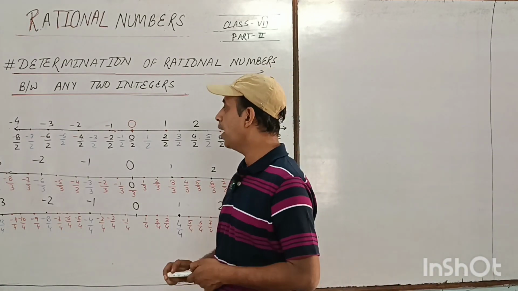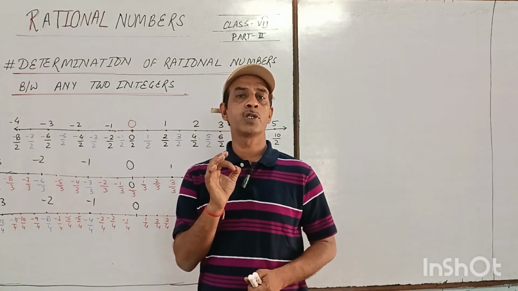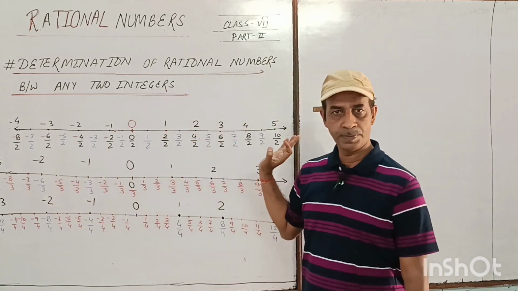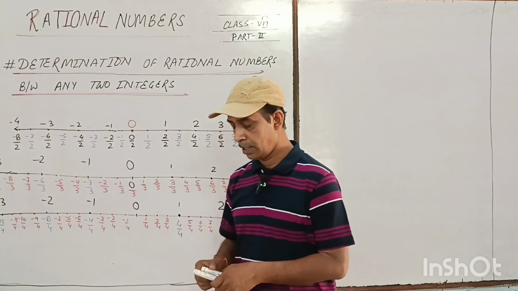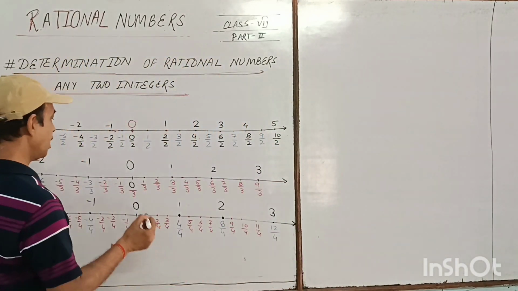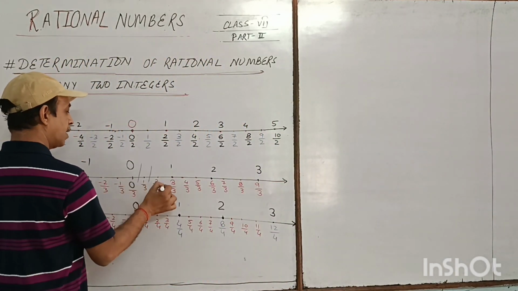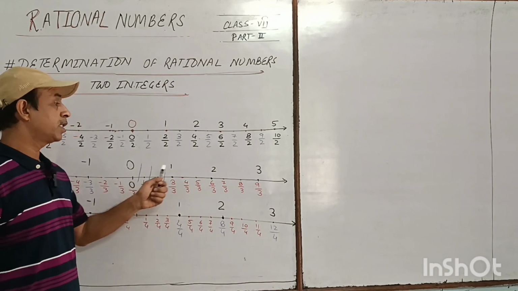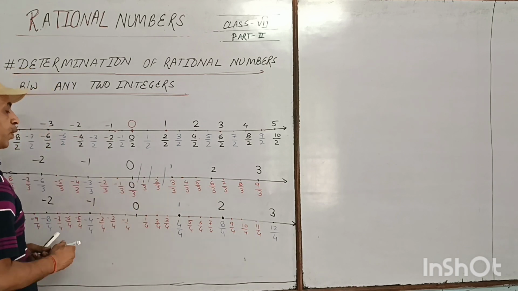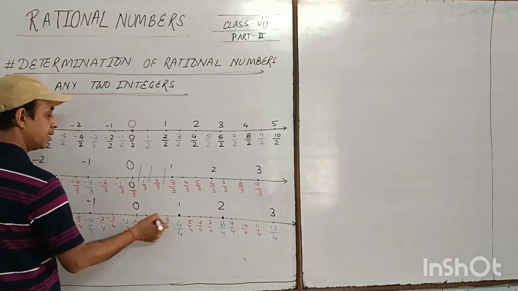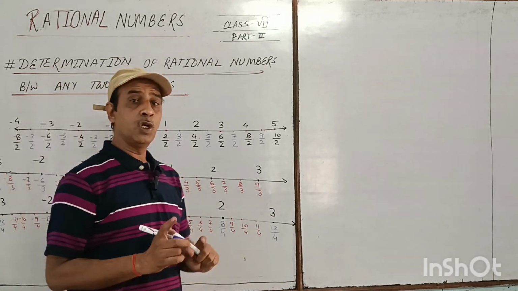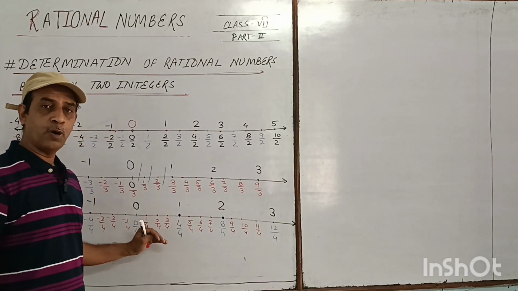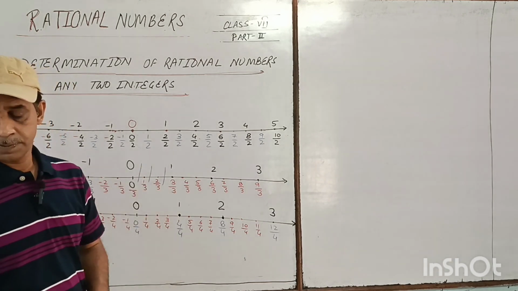If you are dividing any two consecutive integers into 2 parts, you are having its denominator as 2. If you are dividing it into 3 parts, first part, second part, third part, then you are having all the integers with denominator as 3. If you are dividing two consecutive integers into 4 parts, you are having 4 as a denominator for every integer.